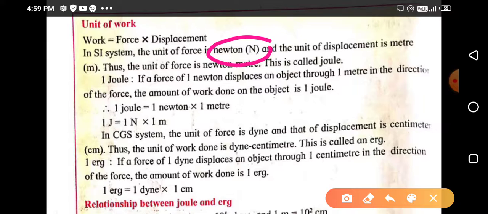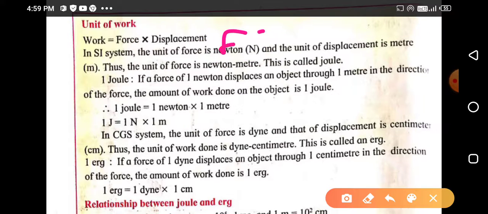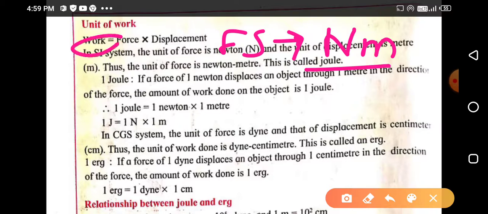Work is the multiplication of these two quantities, so Newton meter is the SI unit for work done.